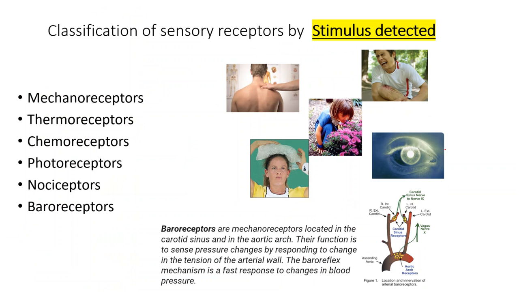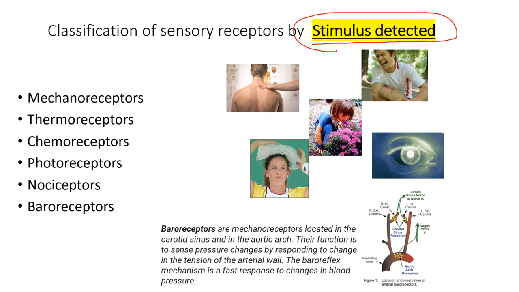Okay, these are some examples. Now, besides classifying sensory receptors by type, we can classify them by stimulus detected. You know that there are some receptors that will sense pain. Some receptors detect smell.